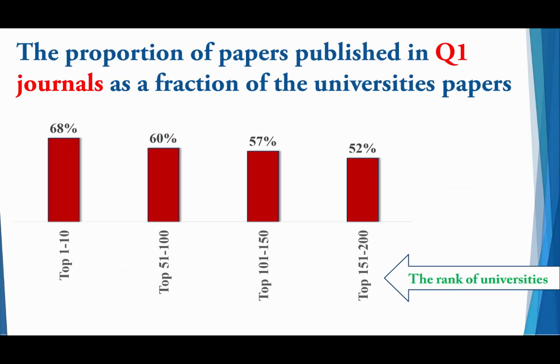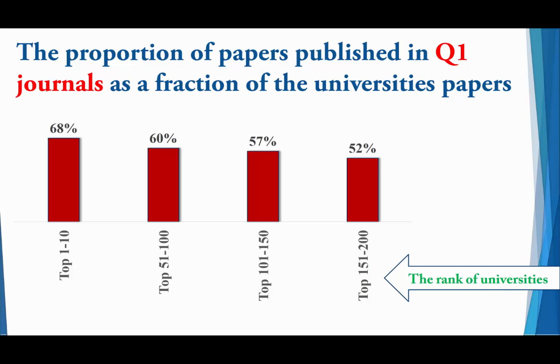As you can see in this slide, the top global ranked universities publish a considerable part of their papers in the Q1 journals. Harvard and Stanford universities, as the top 1 to 10 global ranked universities, publish about 68% of their papers in the Q1 journals. The top 51 to 100 global ranked universities publish about 60% of their papers in Q1 journals.